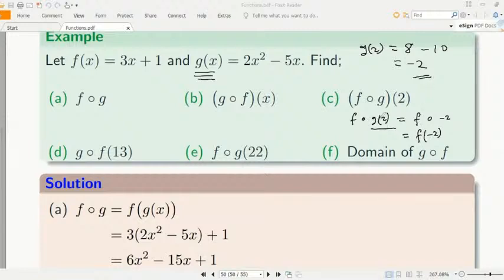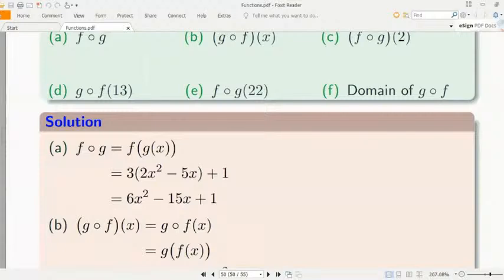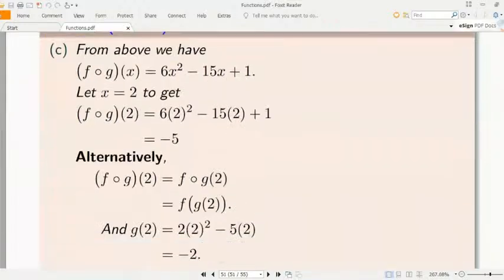So where there is F, put negative 2. So G of negative 2 will now be negative 6 plus 1, which is negative 5. And that's what I did. So we just get my alternative way.